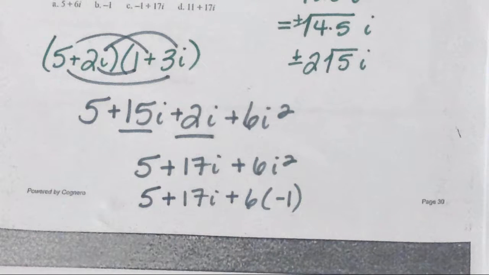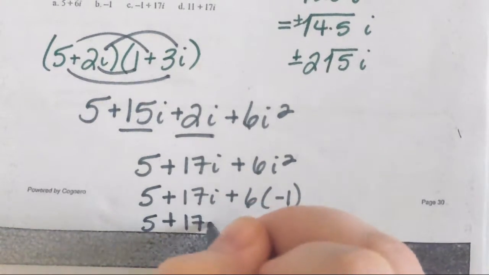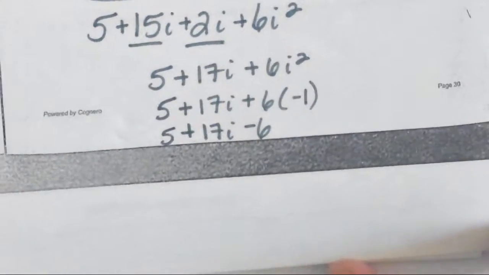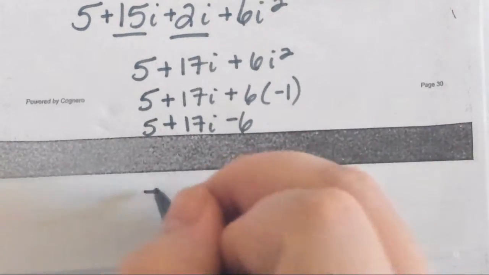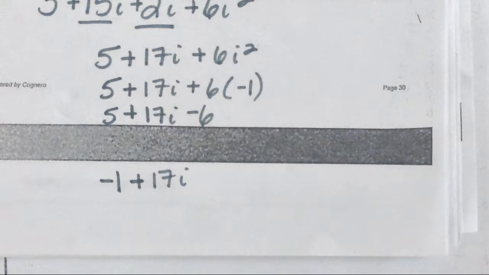So what should my final answer be? 5 minus 6 is negative 1, so I have negative 1 plus 17i, so the answer is C. There is a dumb answer on number 77 that you shouldn't have picked. It does not match the others. Do not pick B.